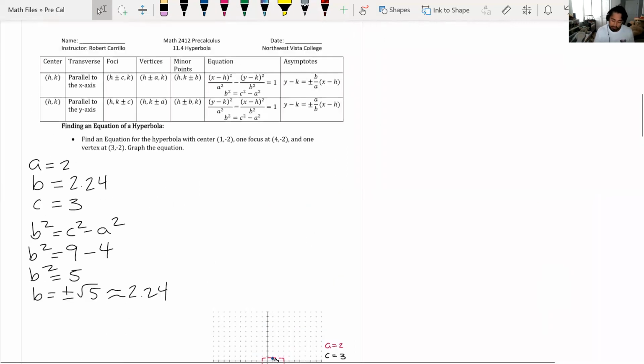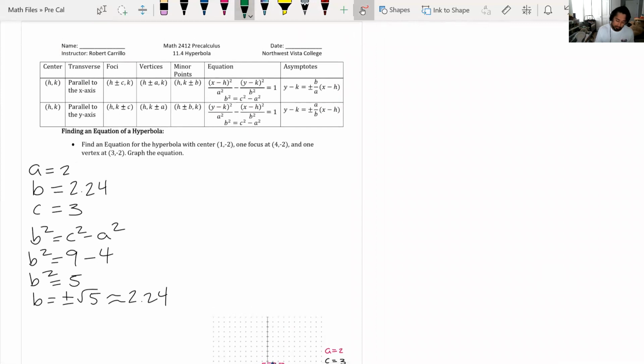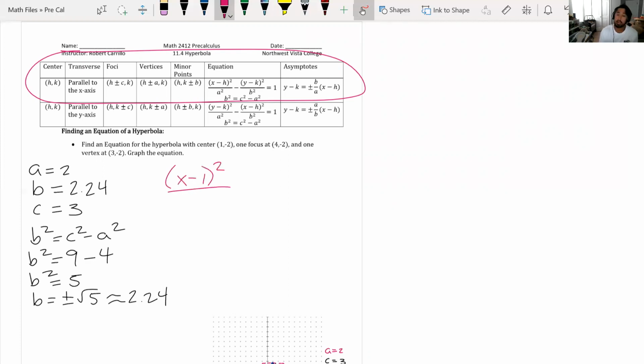We know we're parallel to the x-axis. So this means we're going to use the first one. Okay. So for the equation, we know that our center is already given at (1, -2). So we're going to have (x minus 1) squared over a squared.